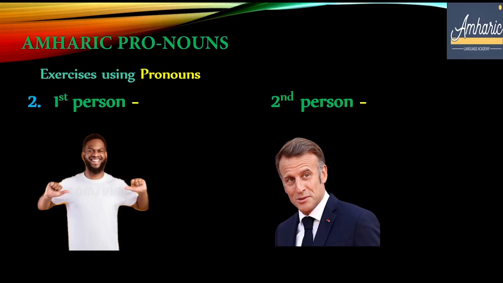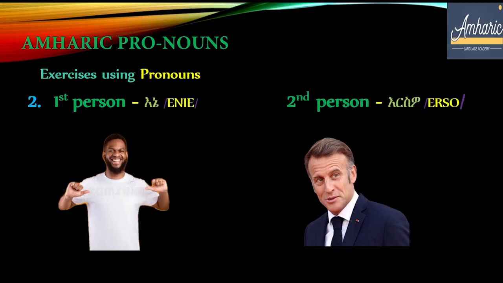In Amharic, we give government officials respect, so erso as a second person will be the answer. And if you say anta to a government official in Ethiopia, you will end up in jail. That is the truth. And this is the answer, ani and erso.